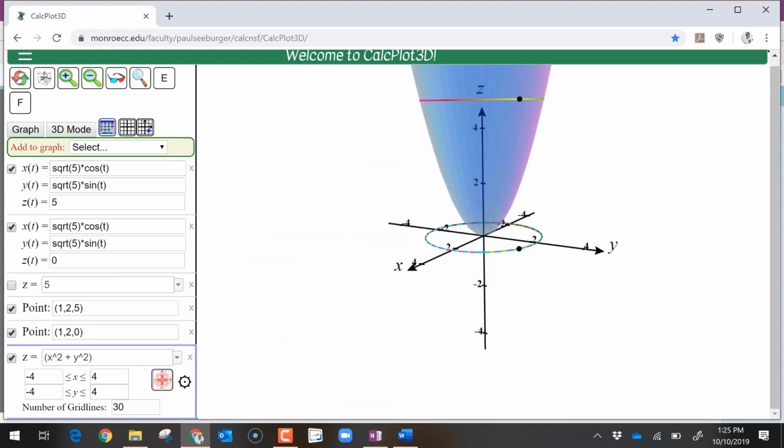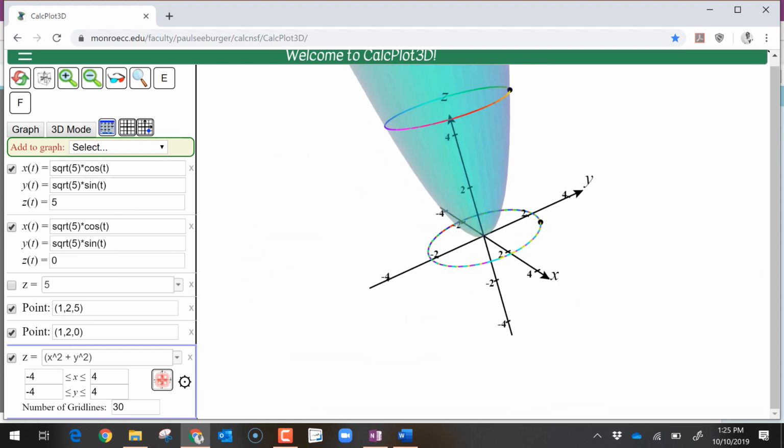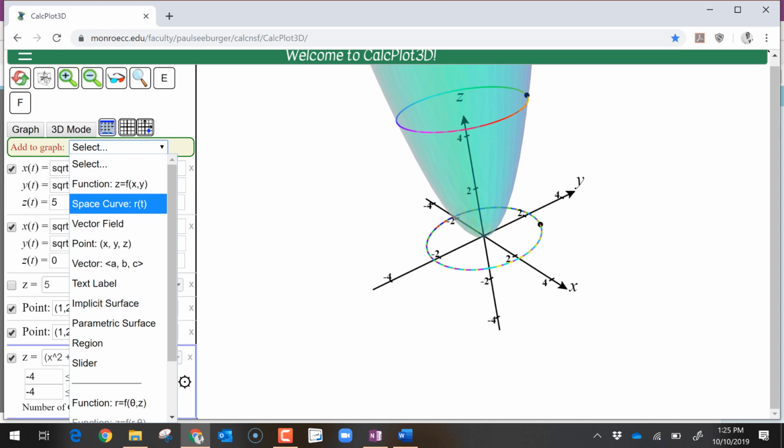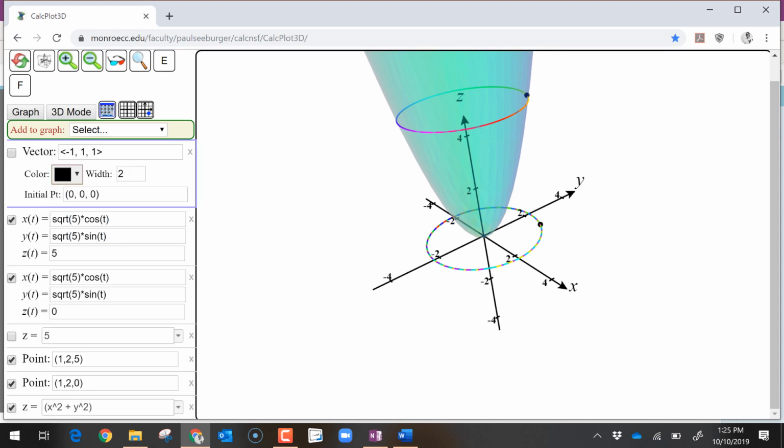Whoa, wait a minute. Okay. And so if we go back in 2 dimensions and find those tangent vectors, let's get that tangent vector on the xy plane.